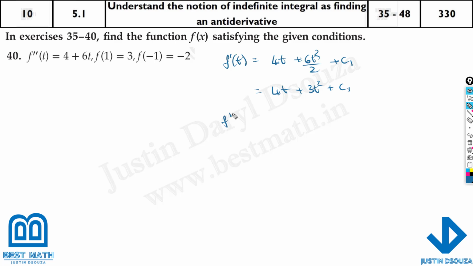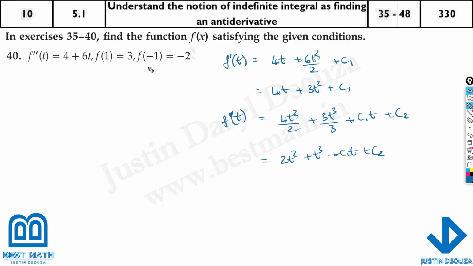So I directly do the second time integration. So f of t is 4t power 2 by 2 plus 3t power 3 by 3 plus c1 times t plus c2. When we simplify, it's going to be 2t squared plus t to the power 3 plus c1t plus c2.